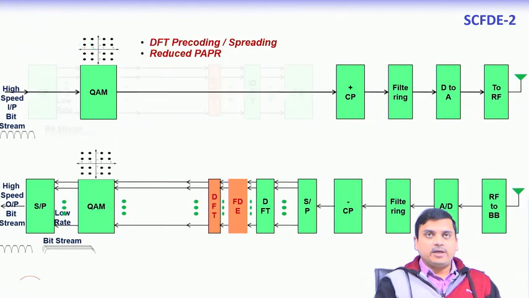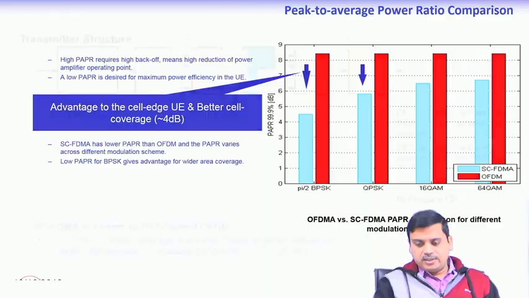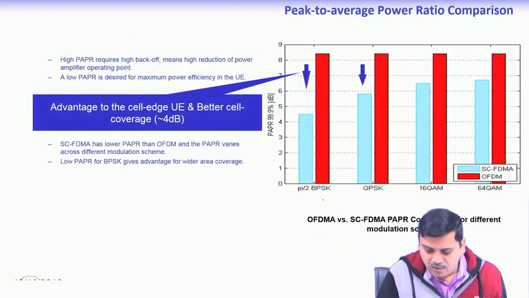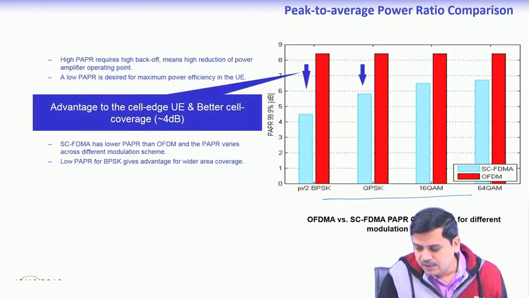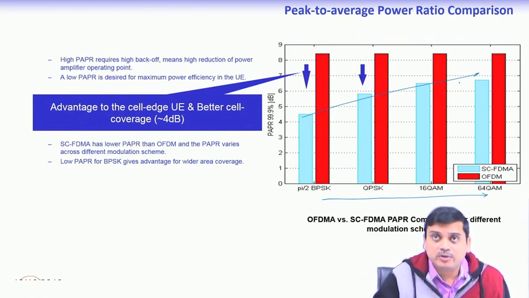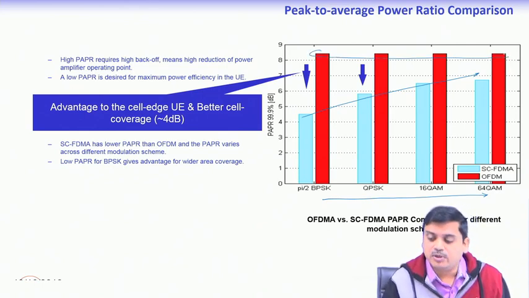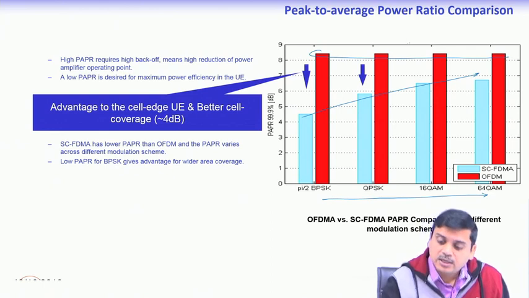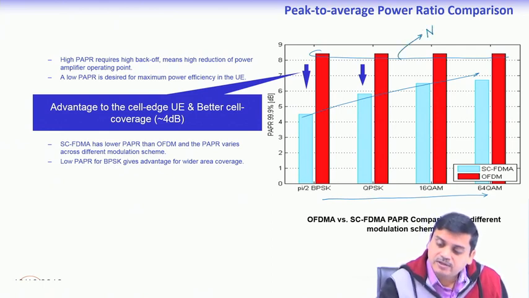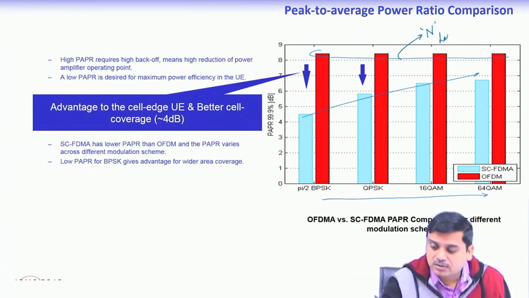Now, one can easily see in one of the results that we had depicted over here how, as the constellation size increases, the peak to average power ratio increases. That is what you are seeing, because now this is going towards more of a single carrier system. Whereas, when we look at an OFDM system, the increase is not much notable, because the PAPR is primarily driven by the factor n, and this n is quite large.